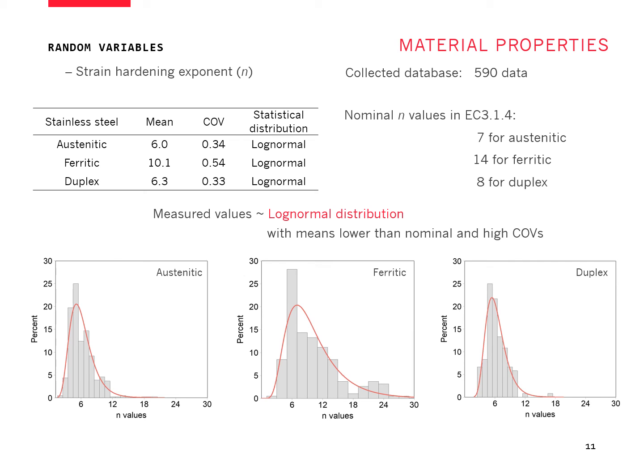This is because the values in the Eurocode were average results calculated for different product types and rolling directions, while the data analyzed in this paper corresponded to cold-form material only. This is a process that tends to increase the roundness of the stress-strain curve and therefore reduces the value of n. So this was just an example of the analysis carried out in this study. The remaining parameters can be found in the paper.